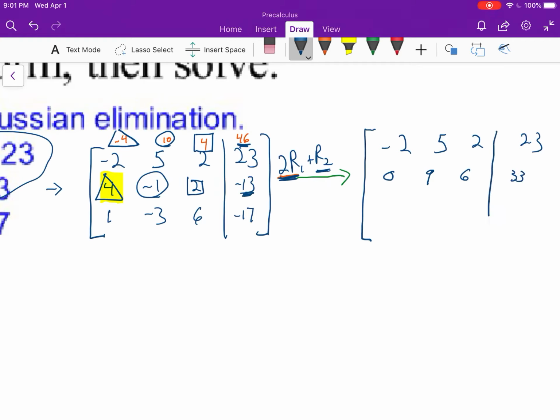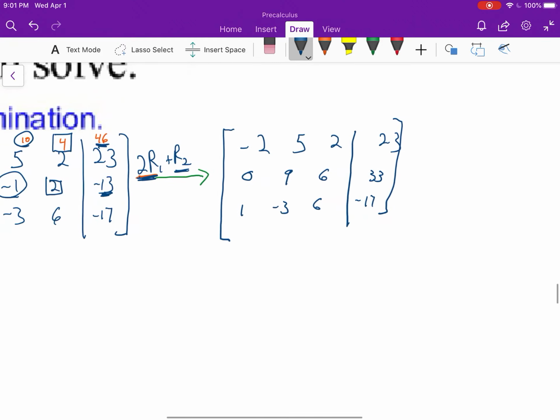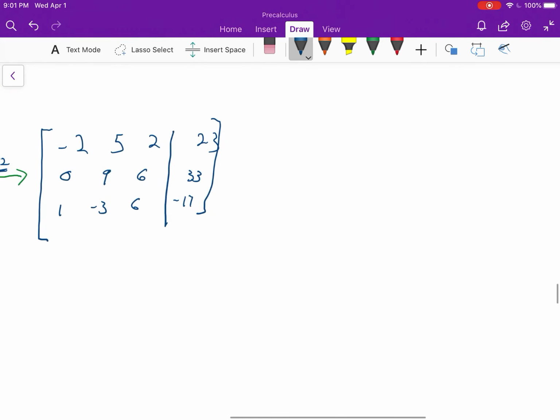Now you don't have to make all those shapes around it. That's just so you can see what I'm doing. And then we're going to leave the last row the same. As you get better at these, you might have actually done the last row in the same step, but I don't want to do that quite yet. All right, so we have our first 0. Congratulations.